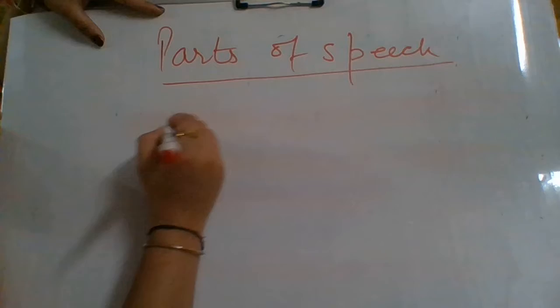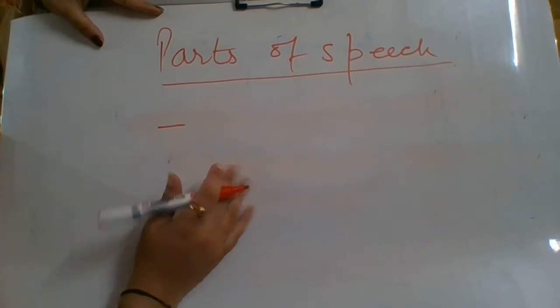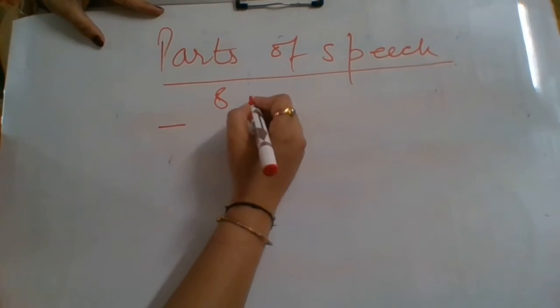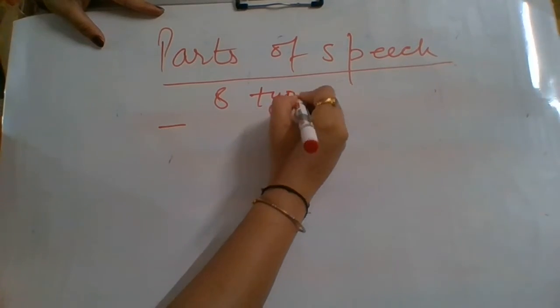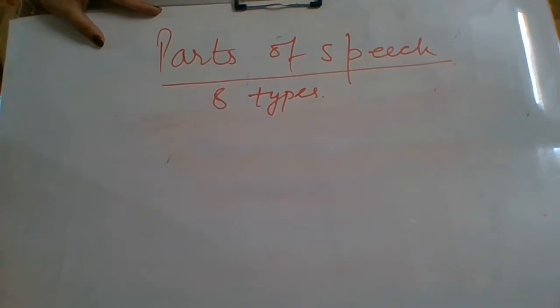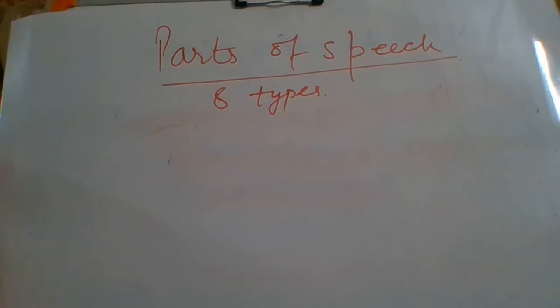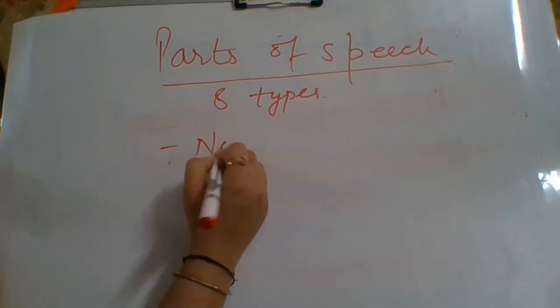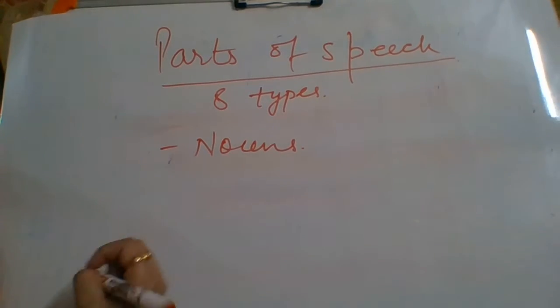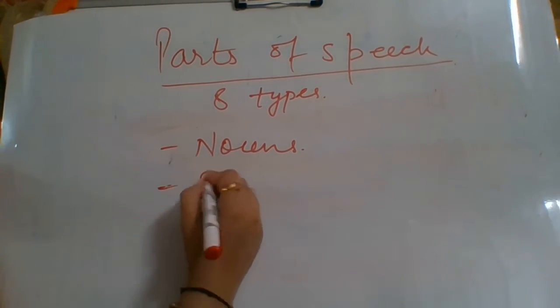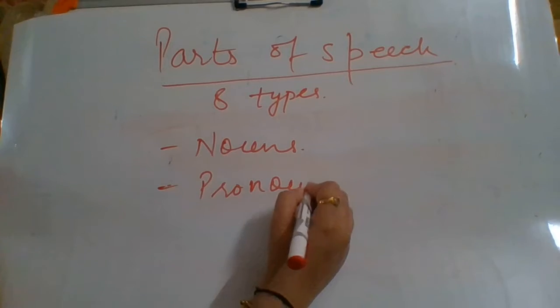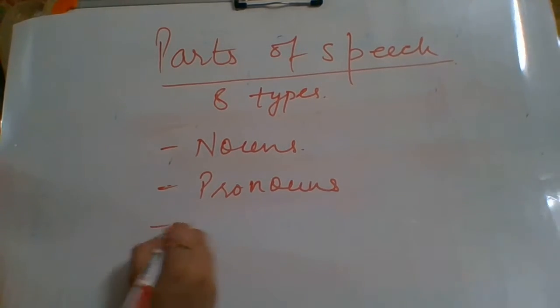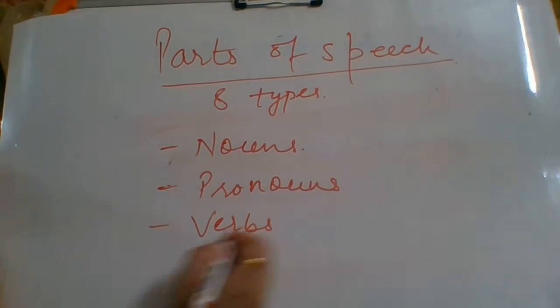Okay, now let's discuss. Parts of speech has eight types, and actually we'll not just learn, we'll slowly grab these things in our mind. So the first thing is nouns. A sentence contains nouns. It contains pronouns. Then it contains verbs, right?